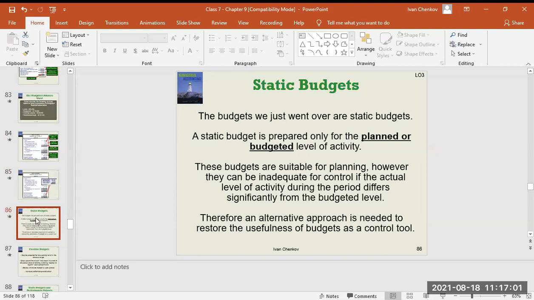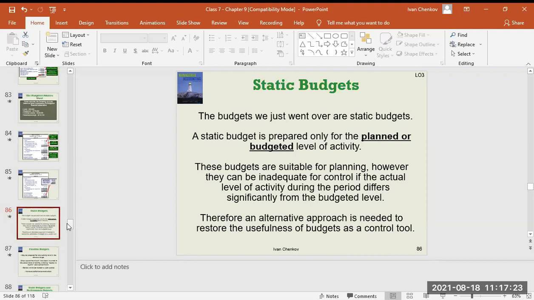Now, at this point, we have prepared a static budget. What does static budget mean? Static budget is prepared for only one level of activity, which is the plan or the budget level of activity.